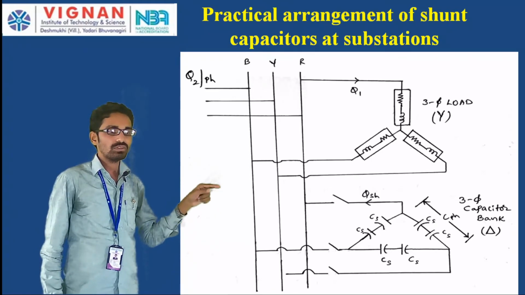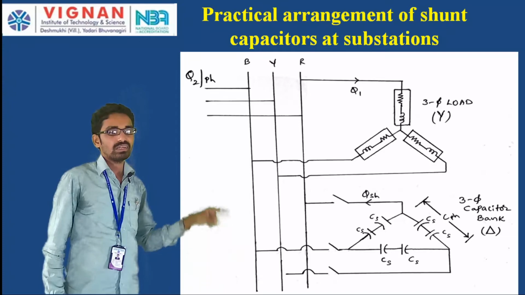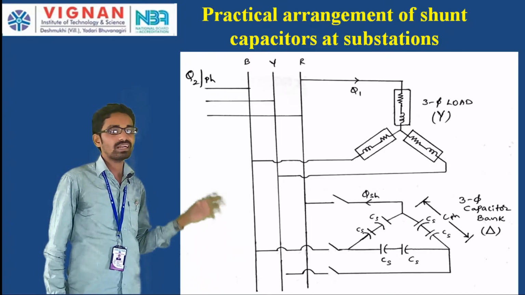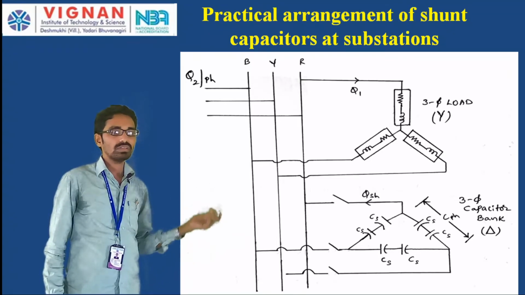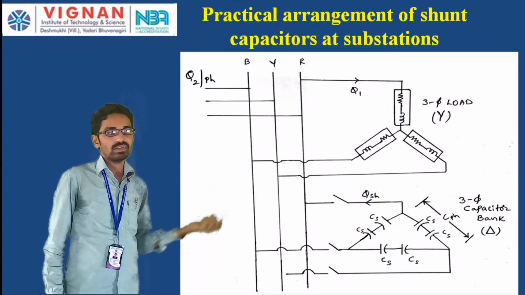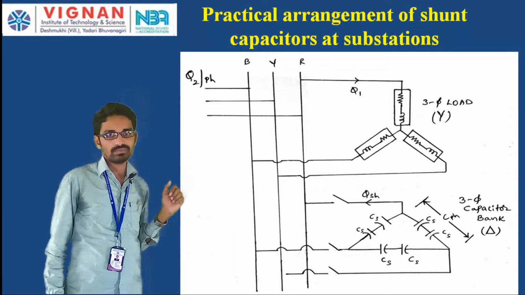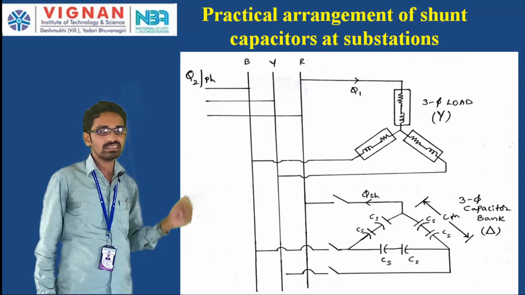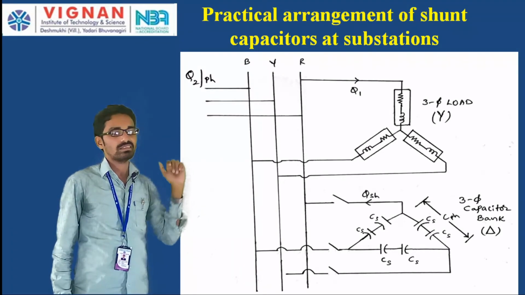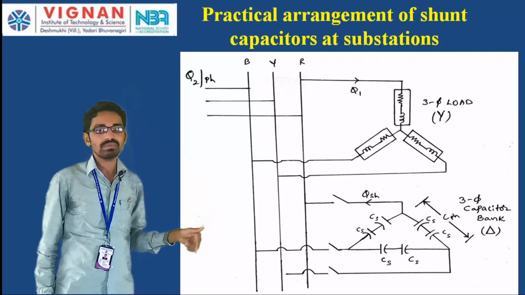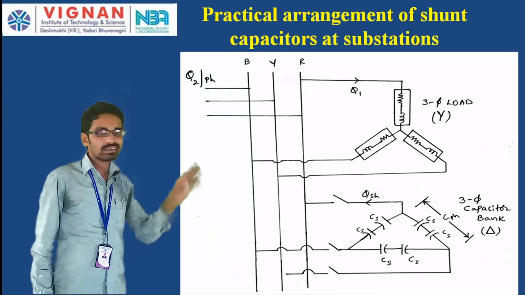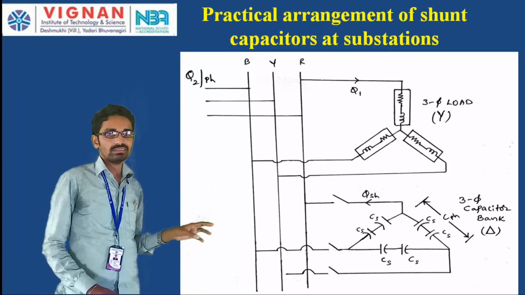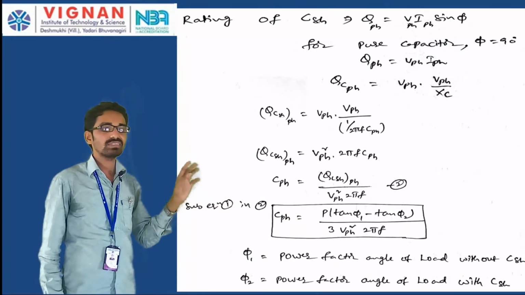Whenever you close the 3 phase switch, the capacitor bank will start supplying reactive power to the lines where it is connected. Here the capacitor bank is connected in delta and the load is connected in star, but capacitor banks may be connected in star also, right. In the practical case, this is the scenario. If you go to the next, the rating of the CSH.